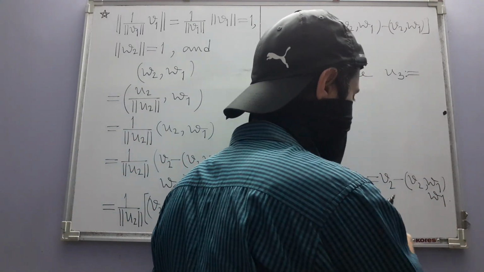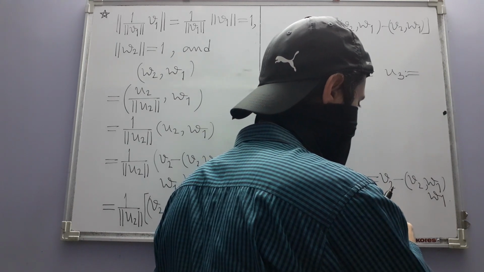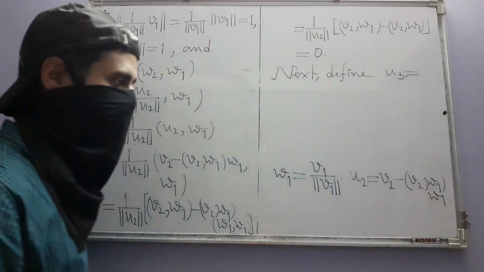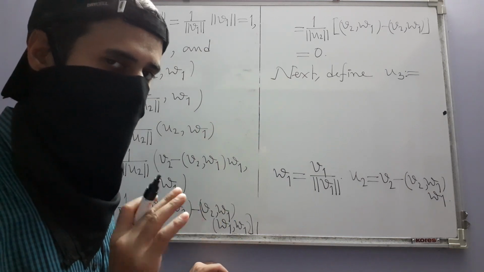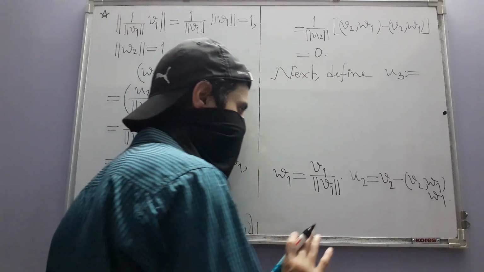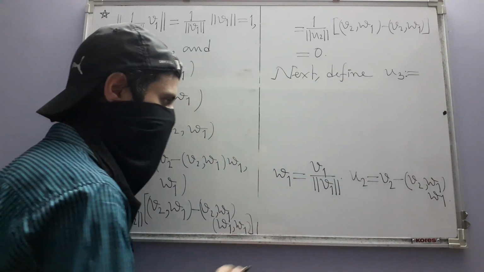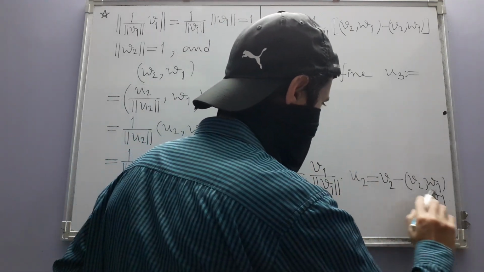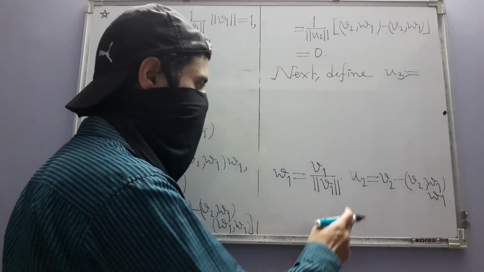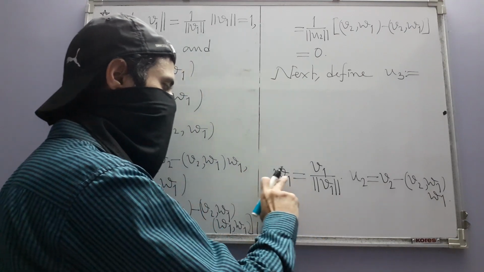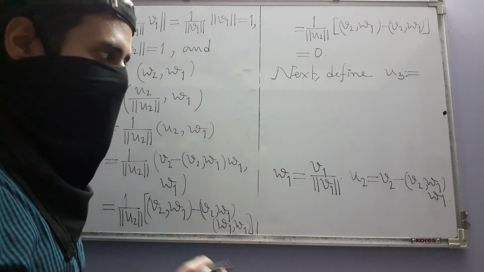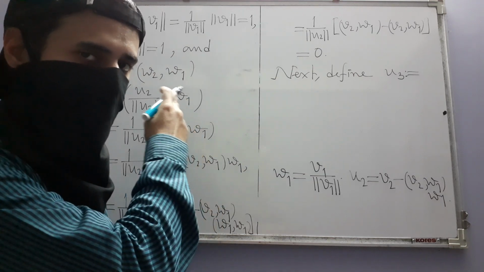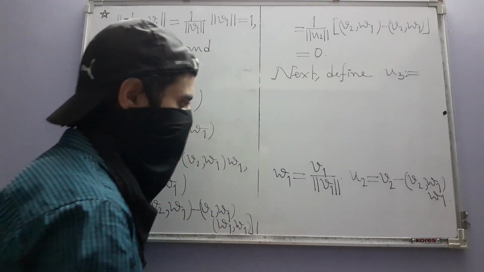You may ask, how am I supposed to remember these things? I'm also going to say something about that, but right now let's just see the process. So this form, I am saying, makes sure that W2 is ultimately going to be orthogonal to W1. Exactly why, that we have already seen in the previous lemma.